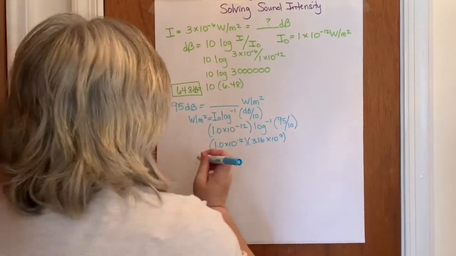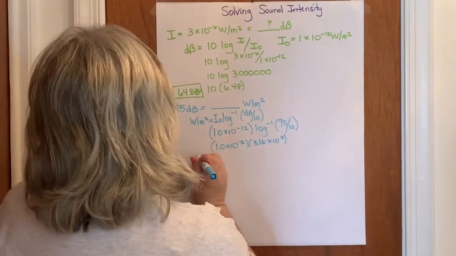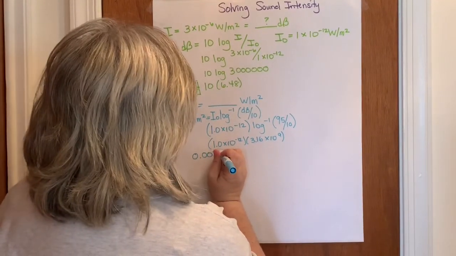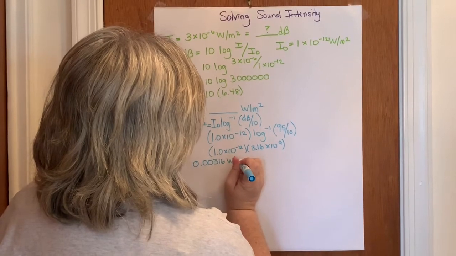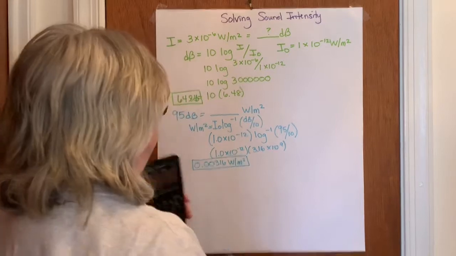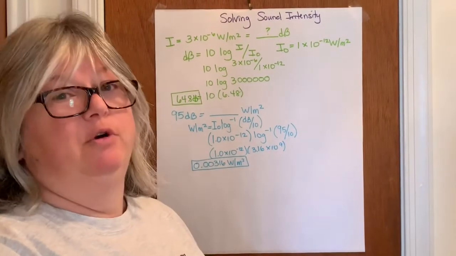And I get that this is equal to 0.00316 watts per meter squared. Okay, so that's how I do my decibel conversions.